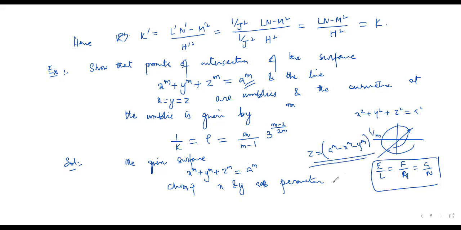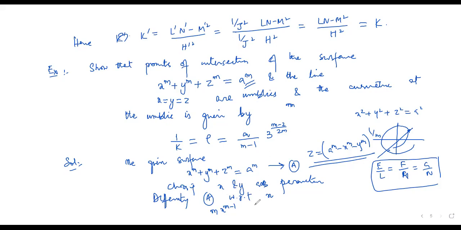So if I take these as parameters, then differentiating this, let's call this equation a, differentiating a with respect to say x, you would get m times x raised to power m minus 1. y is independent of x because x and y are parameters, so they have to be independent.